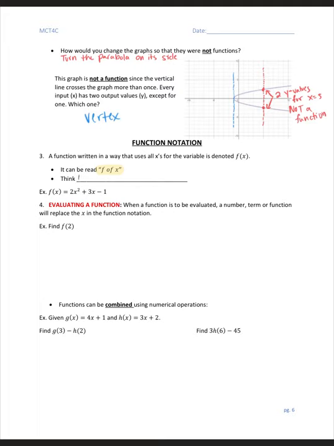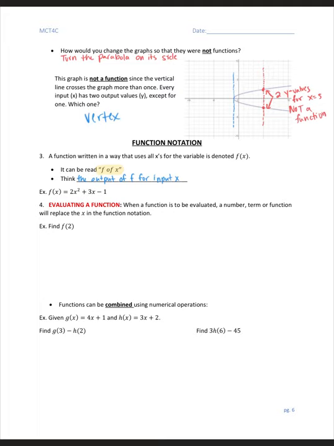Think about the output of f for input x. So we're basically saying we're going to input an x value into our function and figure out what the output is going to be.